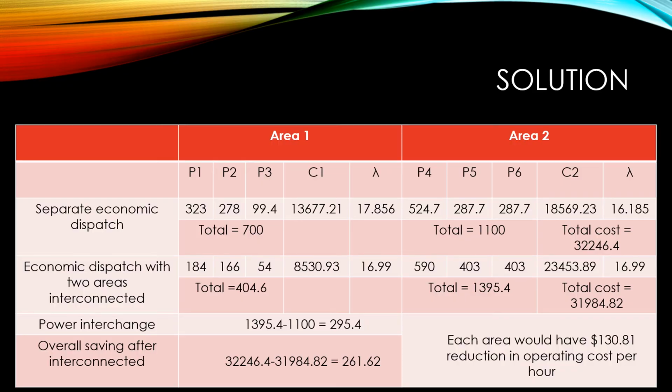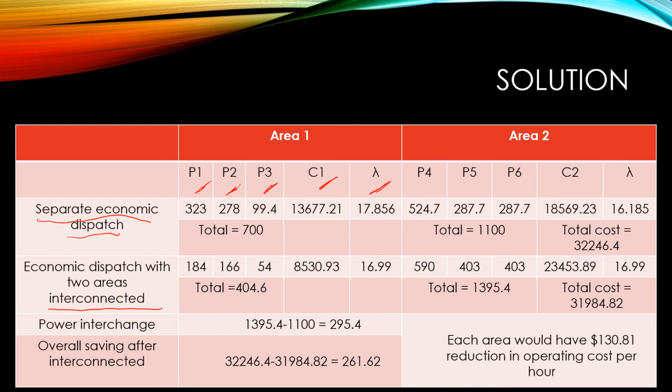Here this table shows the solution of the above problem. We can understand the table with two cases. The first one is economic dispatch done separately for area 1 and area 2. The second one is the economic dispatch after interconnection between area 1 and area 2. For area 1, we can note down the power generated by generators 1, 2, 3 and the cost we spent under lambda, the incremental cost of all generators for area 1 and area 2.